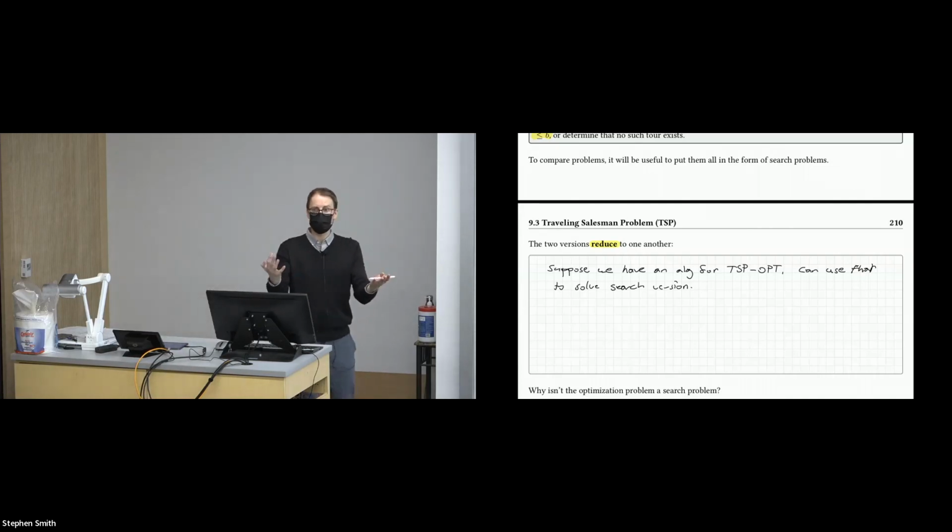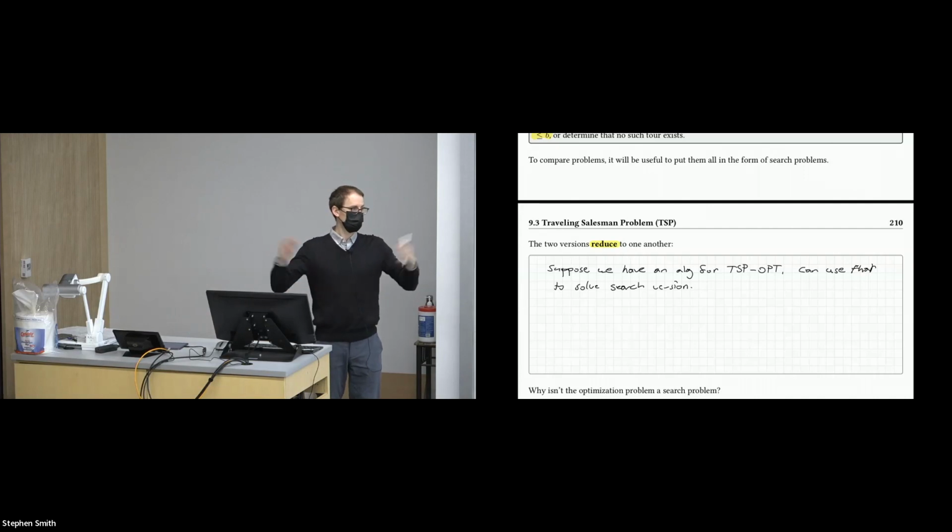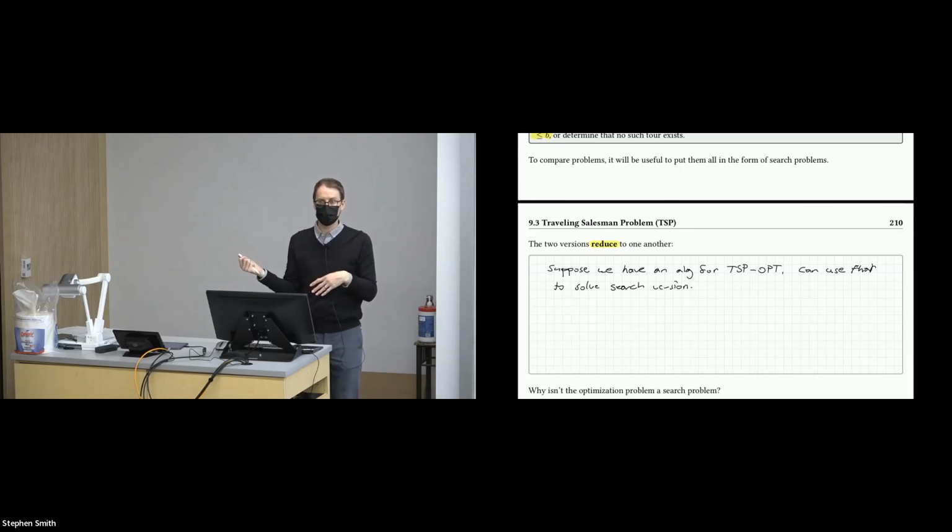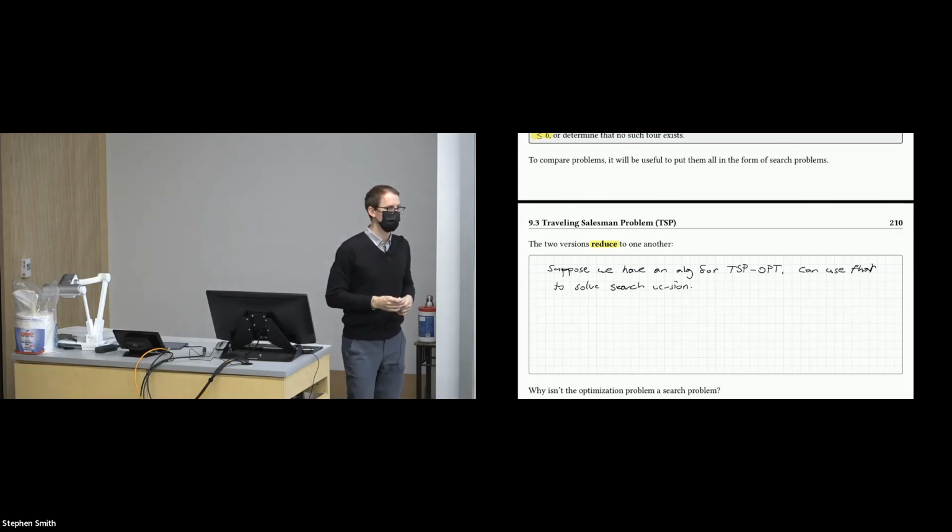If you're given an instance of the search version of the problem, you're given a budget and a graph, just take your magical optimal TSP solver, find the minimum length tour, and then if it's less than the budget, output it as your solution. If it's greater than the budget, say no solution exists.